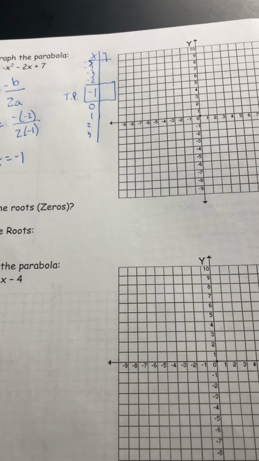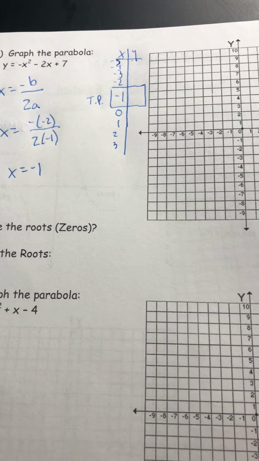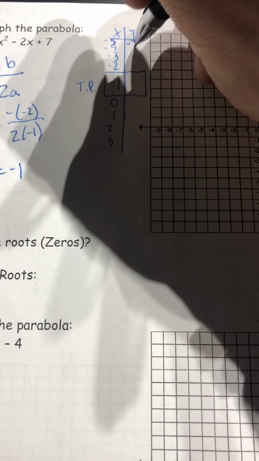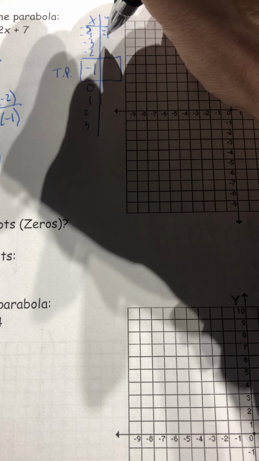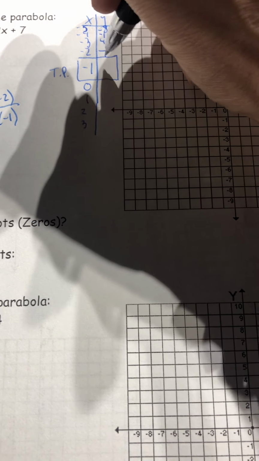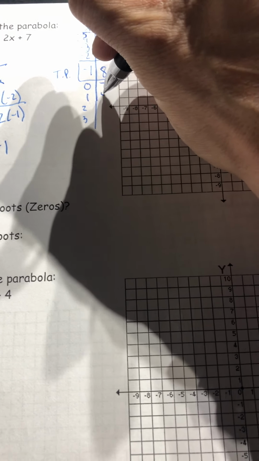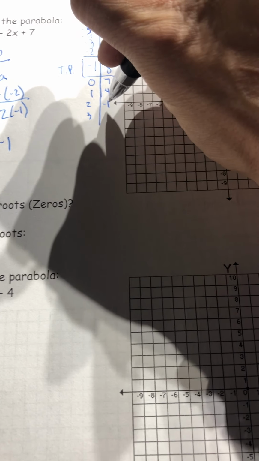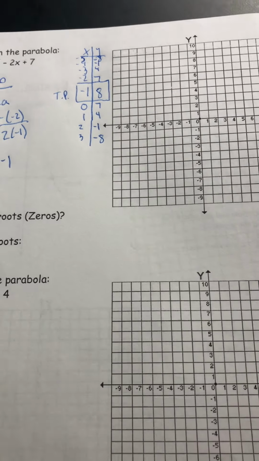Now I'm going to go to my calculator and plug this in into y equals. When we do that, we will get negative 8, negative 1, 4, 7, 8, 7, 4, negative 1, and negative 8. So we're going to graph this.